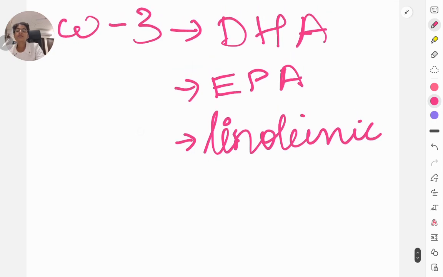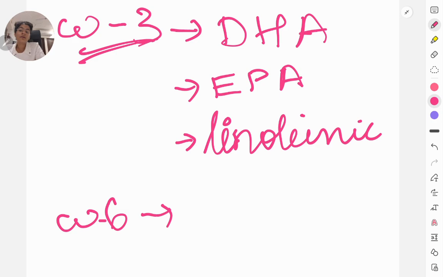Omega 3 is included in infant formula to promote brain development, and that thing is also called conditionally essential fatty acid.